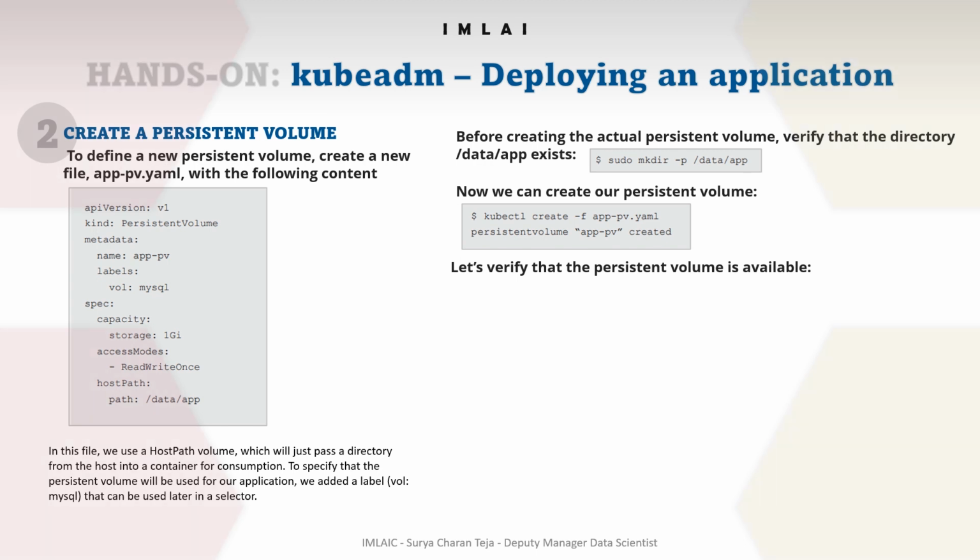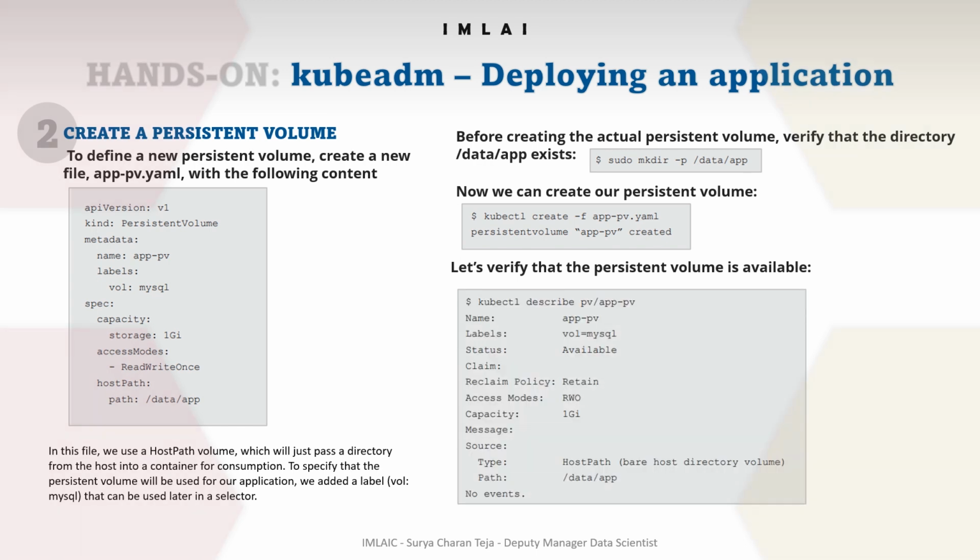Let me say kubectl get pv. That's it. Or else you can describe that persistent volume also, saying kubectl describe pv/ and then the persistent volume name. What is that? It's app-pv. That's it. So the second step has also been successful.